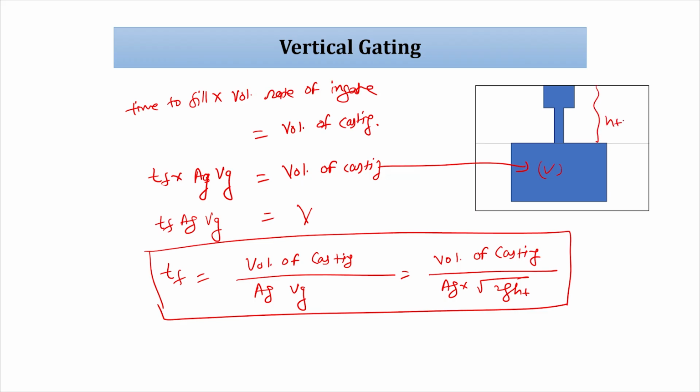Total height of the sprue plus basin: HT equal to HB plus HS, height of basin plus height of sprue. Okay.